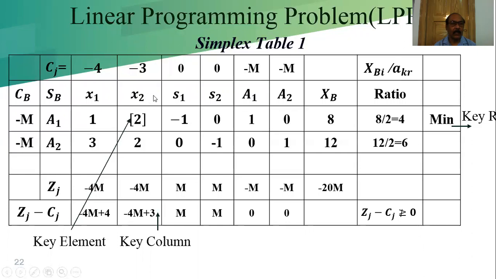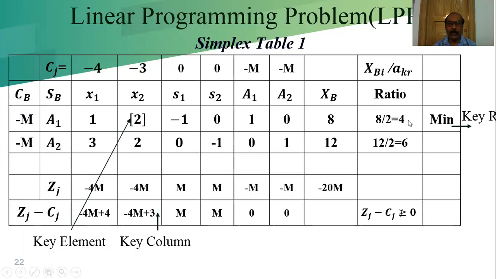That means the non-basic variable x2 is entering into the basis. Now we have to find which variable is going out. Both entries are 2 and 2, so we find the ratio: 8 by 2 equal to 4 and 12 by 2 equal to 6. Out of 4 and 6, the minimum is 4, corresponding to the variable a1 in the first row.